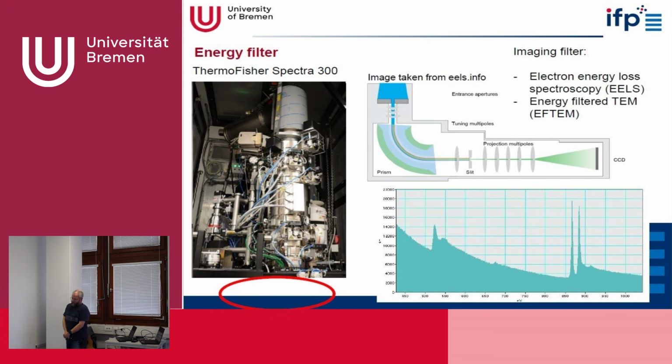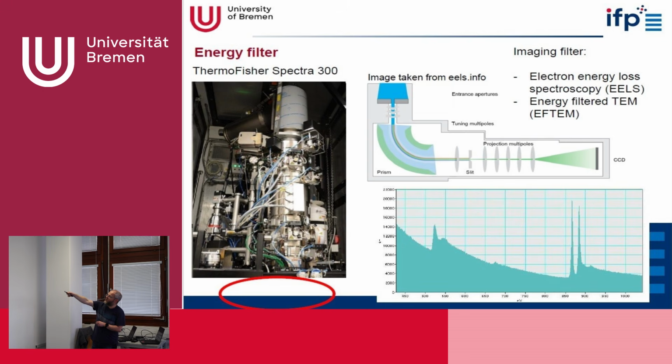I said also before, on the slide before the last slide, that the primary electron beam will lose energy when it kicks out an electron from the atoms. And this we can analyze. So in the Titan microscope, not in this microscope, we have a so-called imaging filter. The imaging filter looks like that.